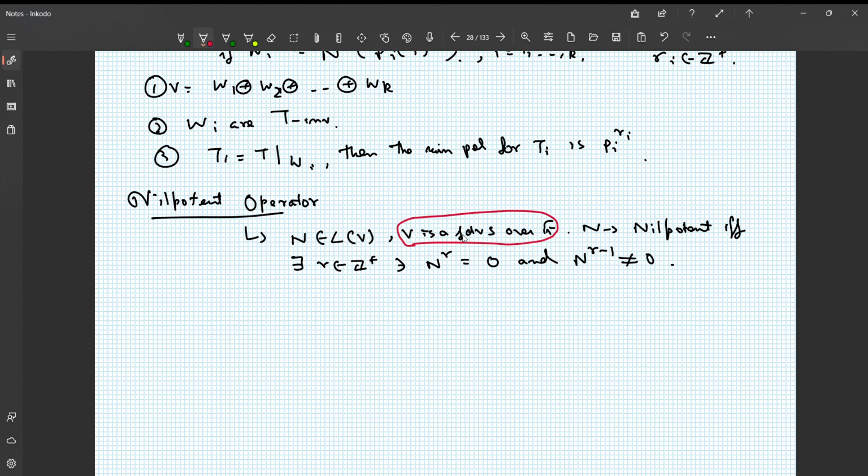So in very simple terms, any linear operator defined on a vector space is said to be nilpotent if you get a positive integer r such that N to the power r is the zero operator and N to the power r minus 1 is not a zero operator. In other words, r is the smallest possible positive integer such that this happens.